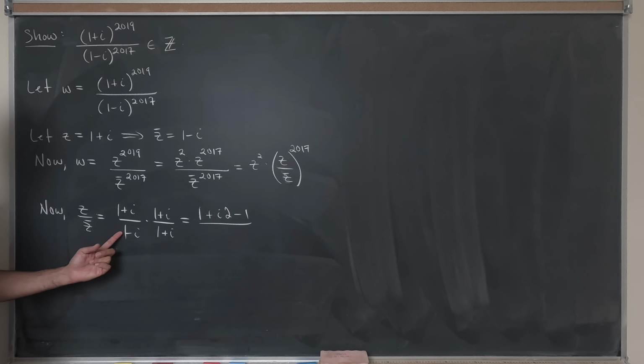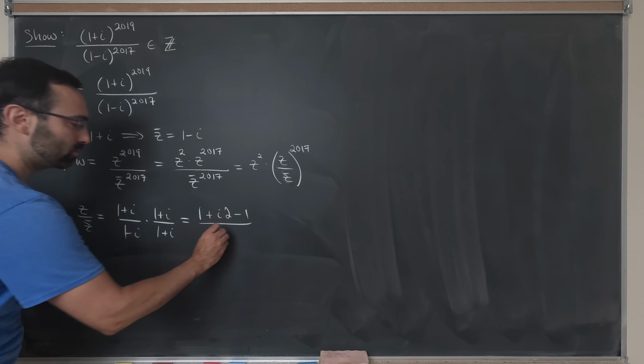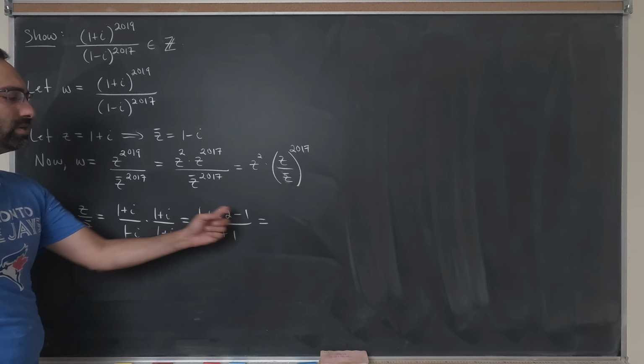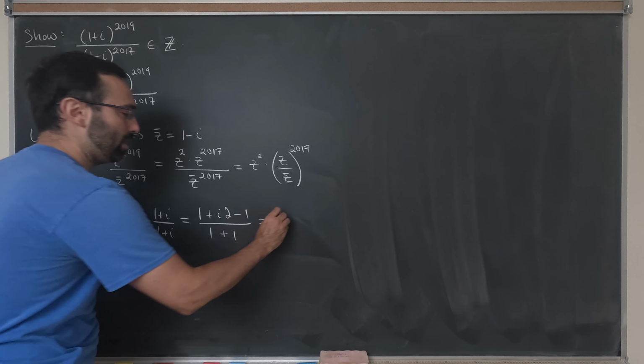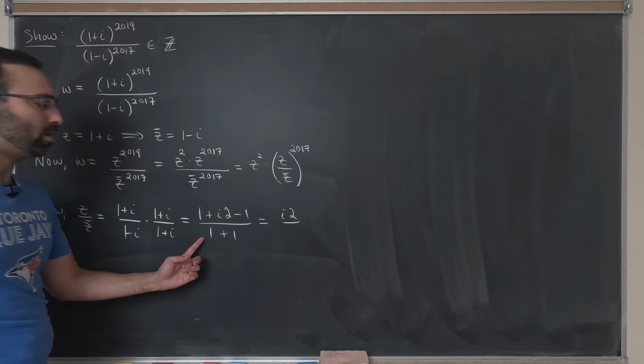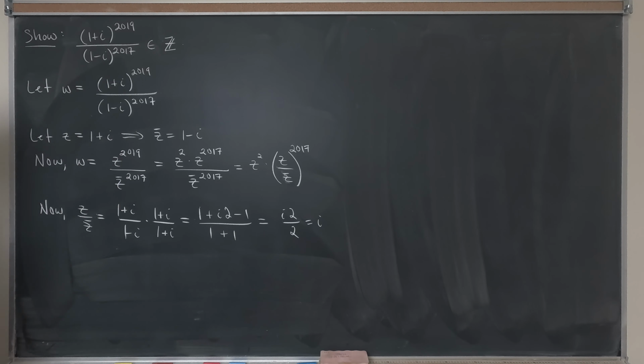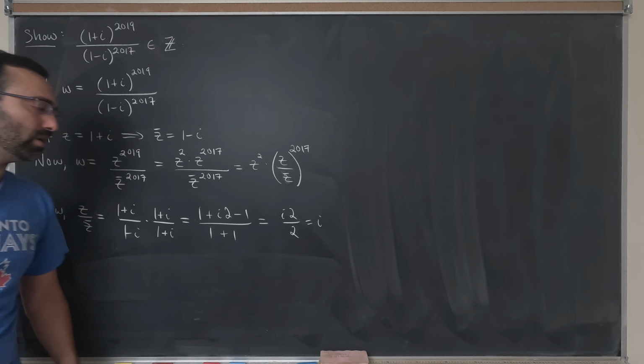And downstairs we have 1 times 1. We're multiplying conjugates here, and then negative i times negative i is negative i squared, so that's plus 1. So these 1's cancel, leaving us with 2i in the top, and at the bottom we have 2. So in fact, we're left with just i. So z divided by its conjugate here is just i.